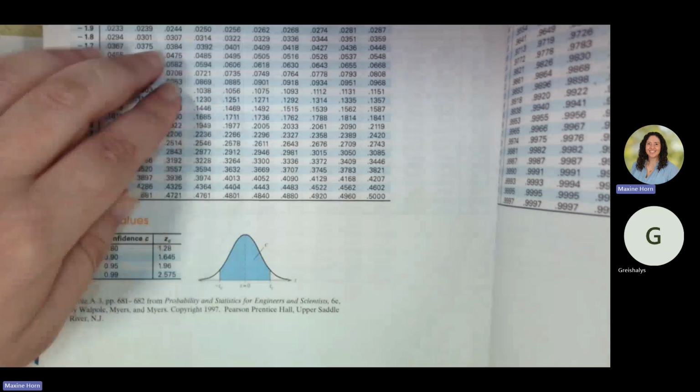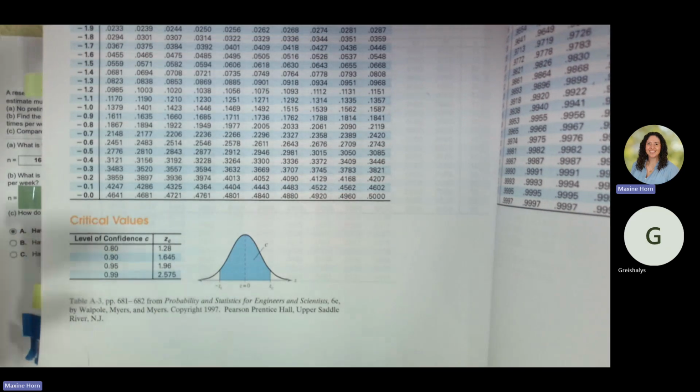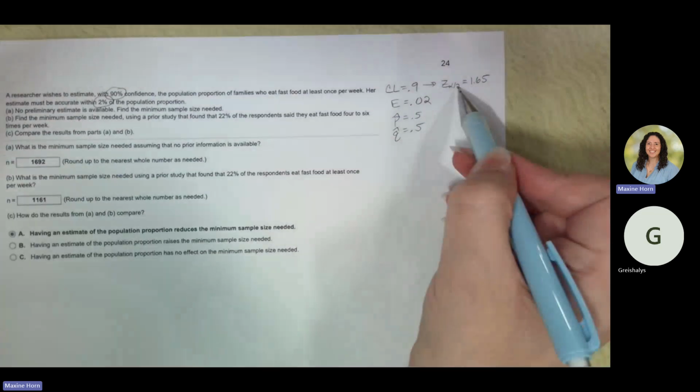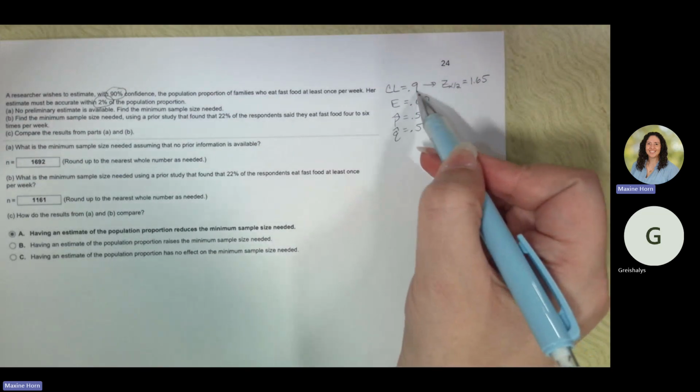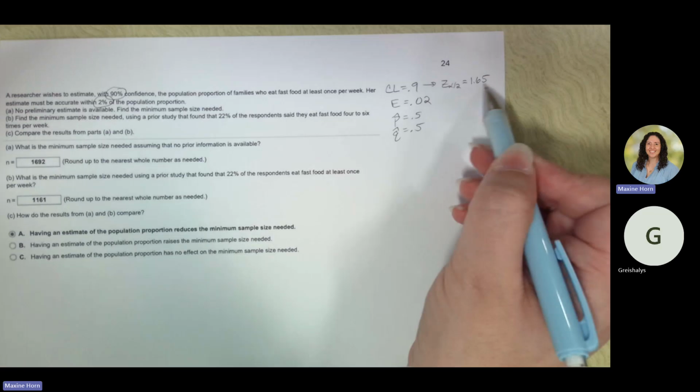Also, if we were to look this up in the table, we'd get 1.645 because it would be halfway in between, but we're going to go to 2 decimals, 1.65. So my z alpha halves is 1.65. Or you could find that in your calculator by plugging 0.9 into your inverse norm and telling it that's the center area. If you go to 2 decimals, you're going to get 1.65.